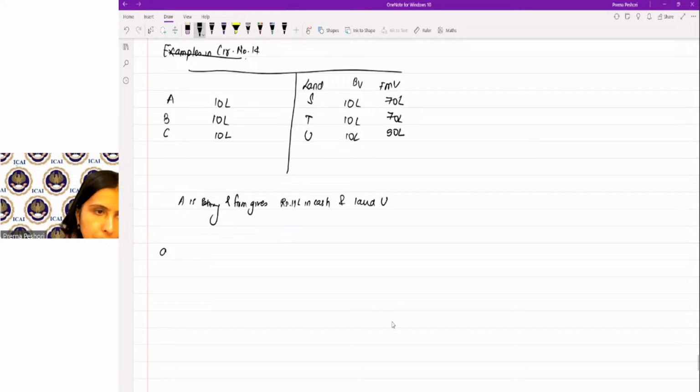Now, what will be my 9B? The indexed cost of acquisition, let's assume it's short term, so there is no indexed cost. Or, okay, if you want to take indexed cost, you can take it up. Indexed cost of acquisition is 15 lakh. So what will be my 9B?